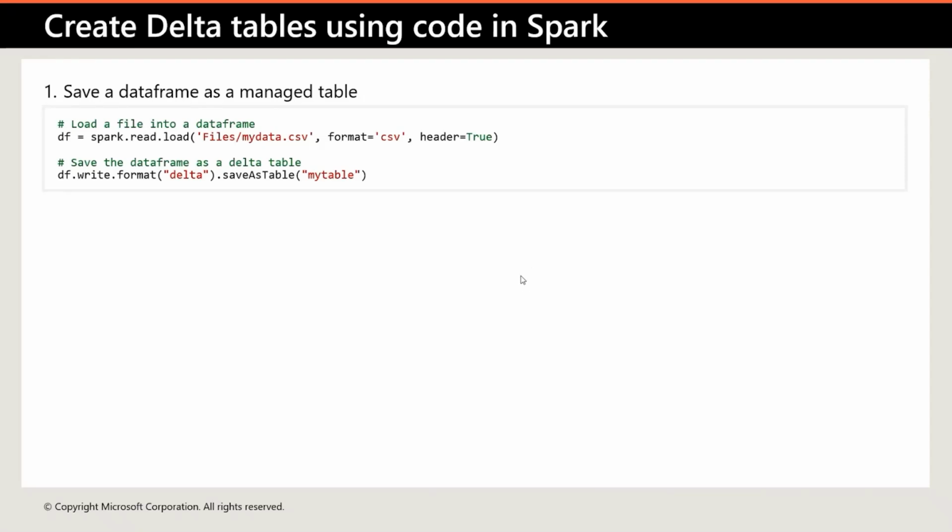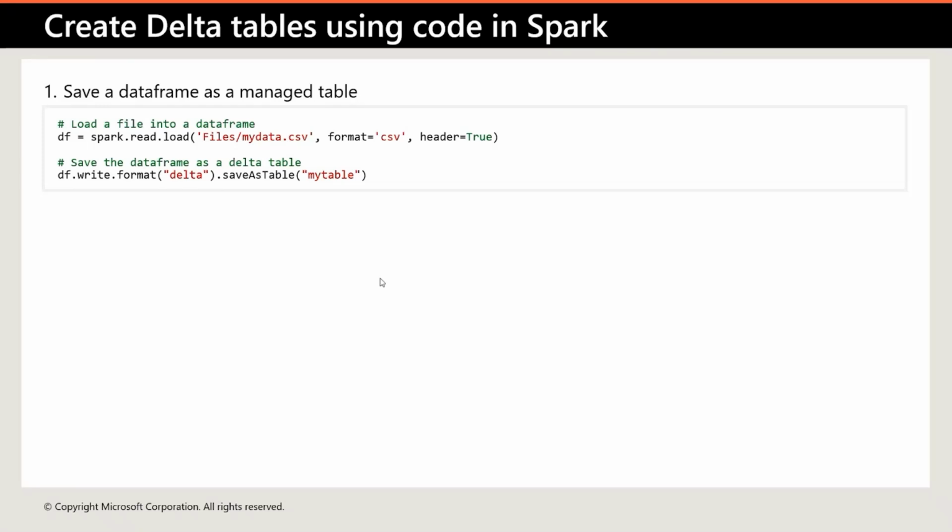So one of the easiest ways of creating a delta table in Spark is to save a data frame in the delta format, like we have done here. Firstly, here we have loaded the file into the data frame, and then we have saved the data frame as a delta table.